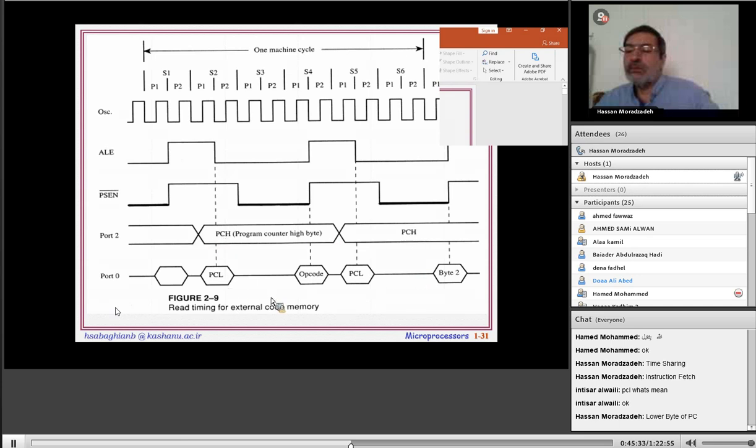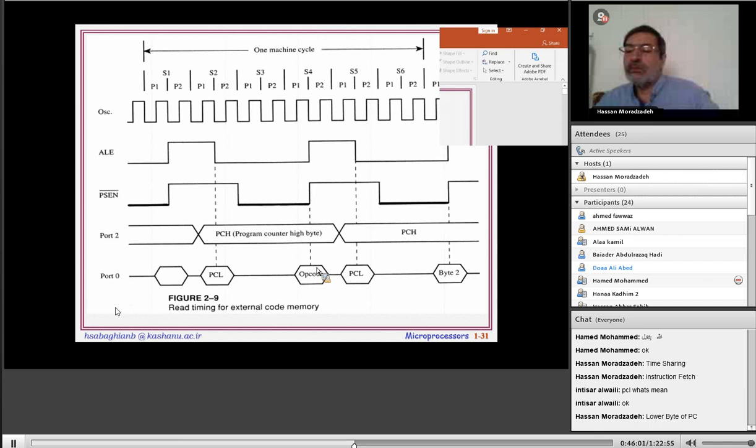PCL I said means program counter lower byte, lower byte of PC or program counter. Here we see only PCH, but here we see two items, PCL or data.